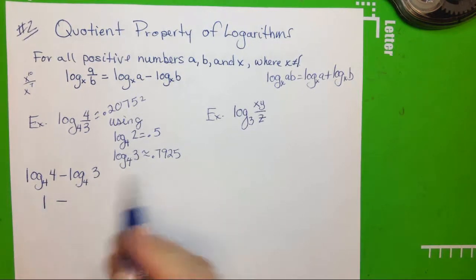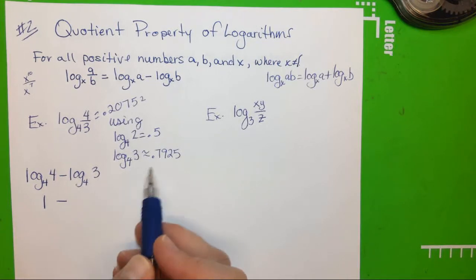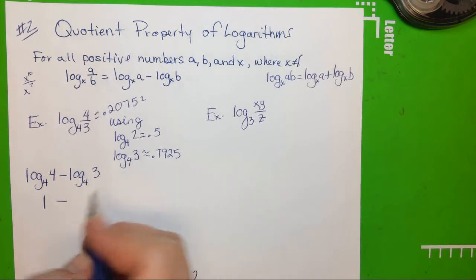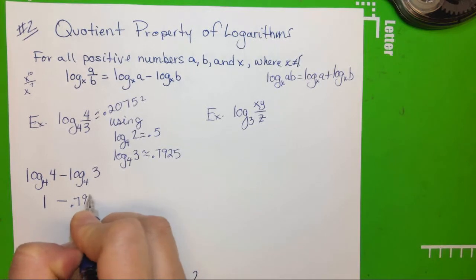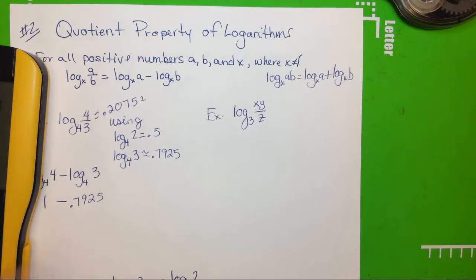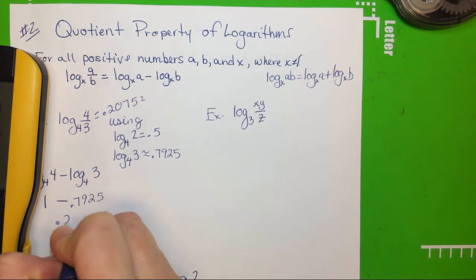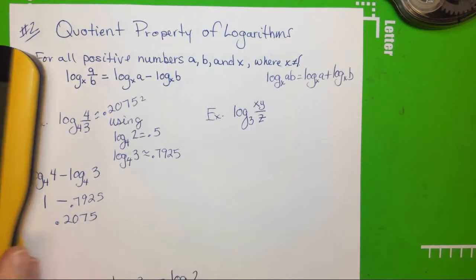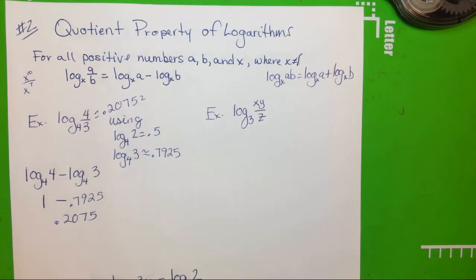So we have 1 minus log base 4 of 3, which they told us was approximately 0.7925. If we subtract that, we get 0.2075, which is the same thing as there.